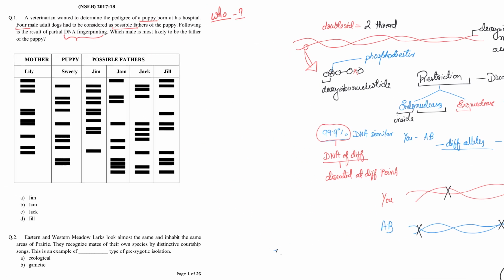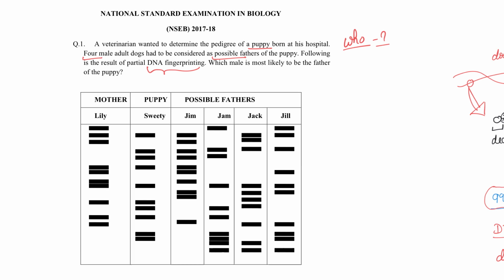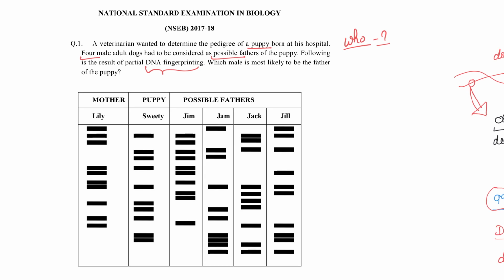So let's come back to our question. The question is, Lily is the mother, right? And Sweetie is the puppy whose pedigree you want to understand. So all the restriction fragments in Sweetie must come either from the mother or from the father, right?